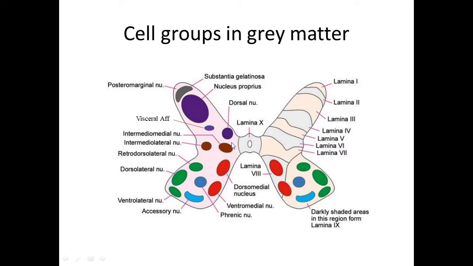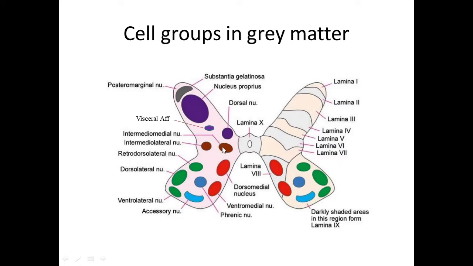Then the intermediate gray column. This is the intermediate gray area, and it extends from the T1 to L2 spinal segments, and it consists of two nuclei, the intermediolateral and intermediomedial nuclei.